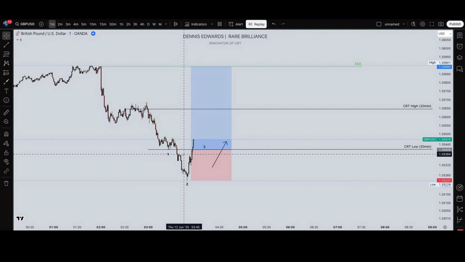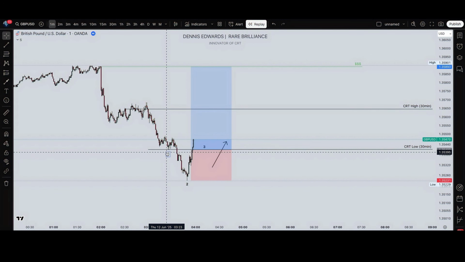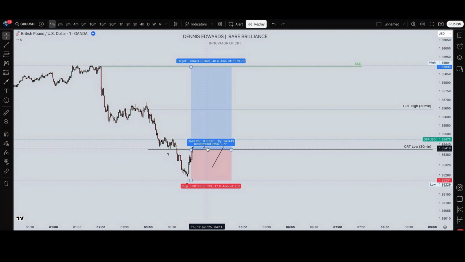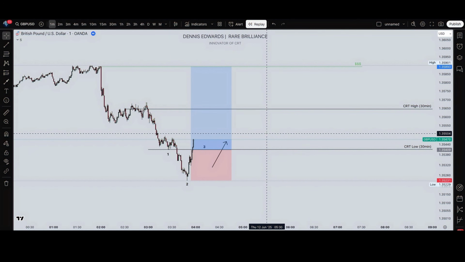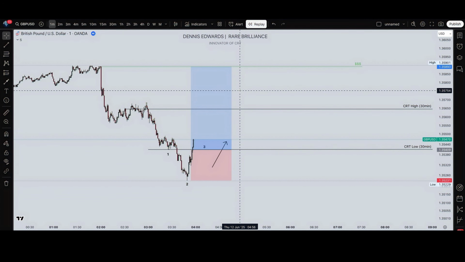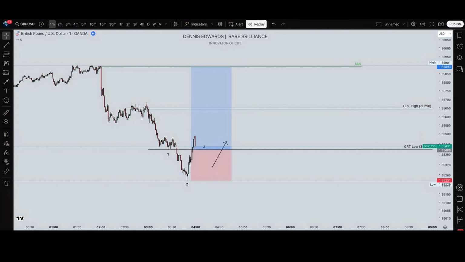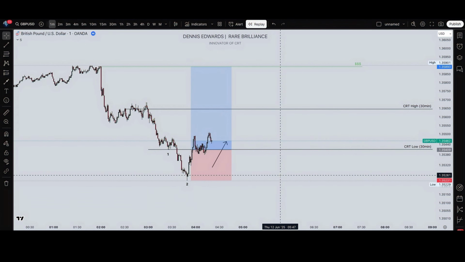So all of this was pretty much what was happening inside of this 30-minute candle. Now, once again, we have the accumulation, the manipulation, and we're beginning to enter our expansion. So now from here, let's watch price and see how it flows. It should pretty much begin to flow straight into our highs from this point on. Okay, tiny bit of drawdown. That's fine.